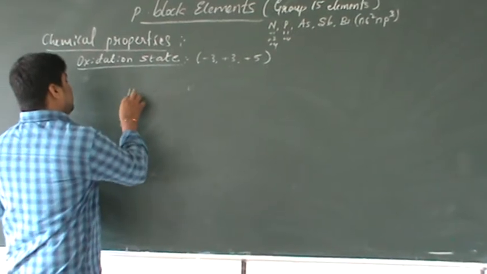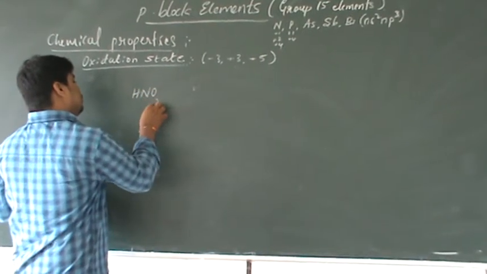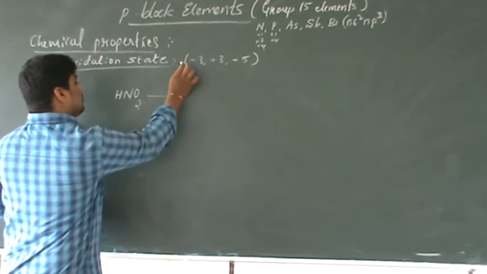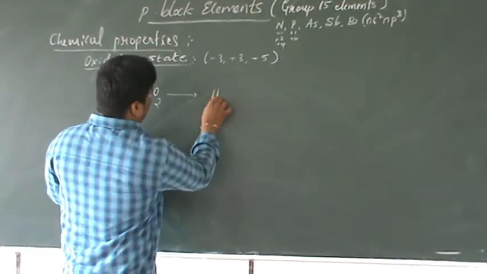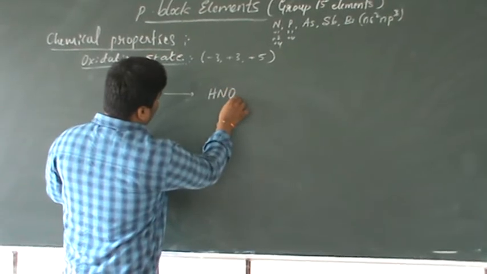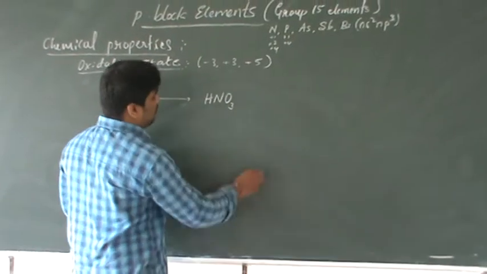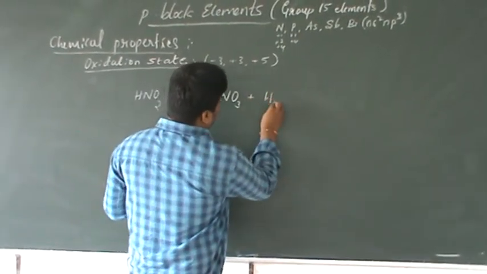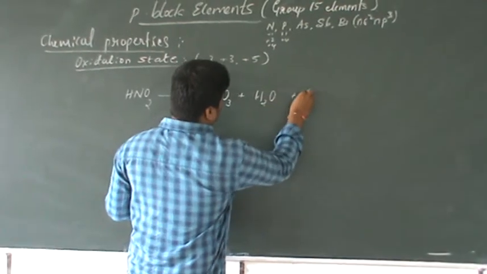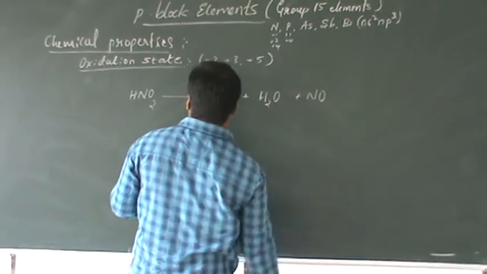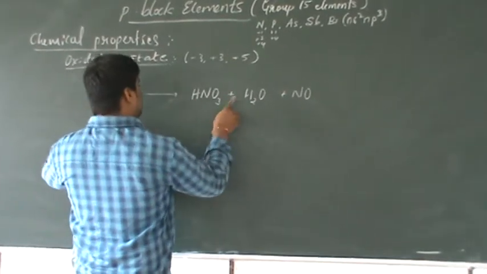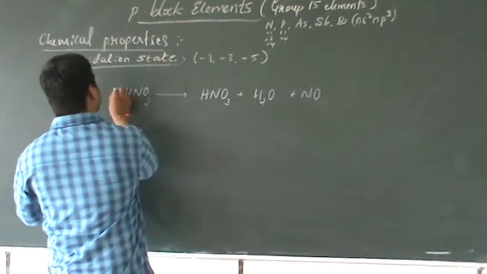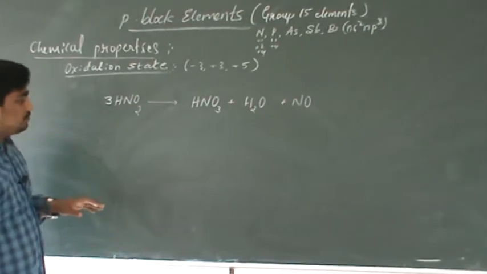Nitrous acid, HNO2, when it undergoes the chemical reaction, forms HNO3 in water and also nitrogen monoxide. There are 3 hydrogens, because of that I consider 3.